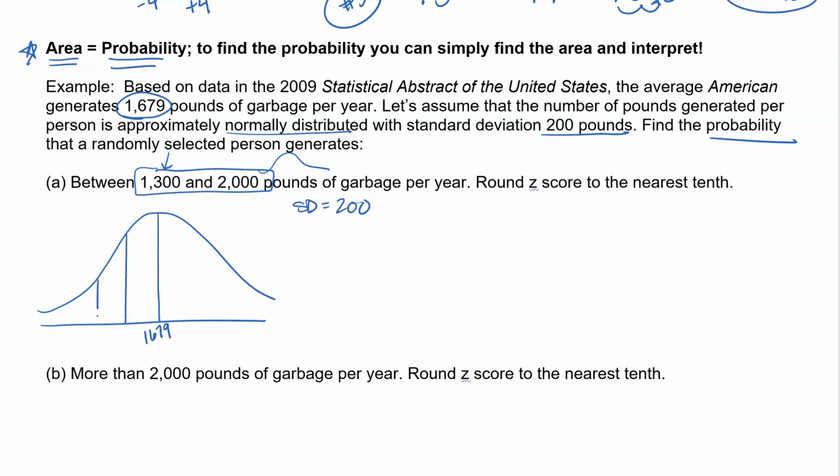Okay, so why don't we just draw some lines to the left? I might as well just draw the ones to the right too while I'm at it. I'm going to use my standard deviation to get some values to the right and to the left.